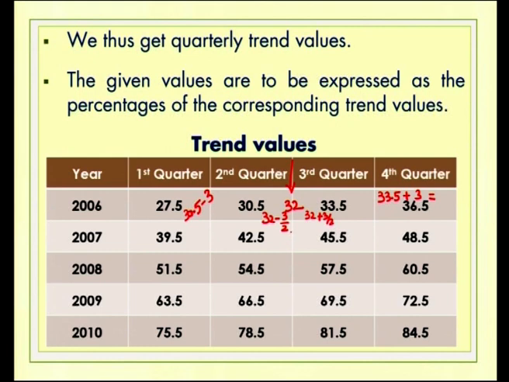Here this value is 44, which is halfway between the second and third quarter. Therefore, here you will have 44 minus 1.5, where 1.5 is 3 by 2. 44 minus 1.5 is 42.5 and 44 plus 1.5 is 45.5. 45.5 plus 3, the quarterly increment from the third quarter to the fourth quarter, is 48.5, and 42.5 minus 3 is 39.5.